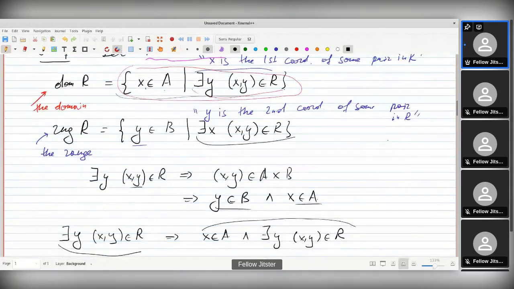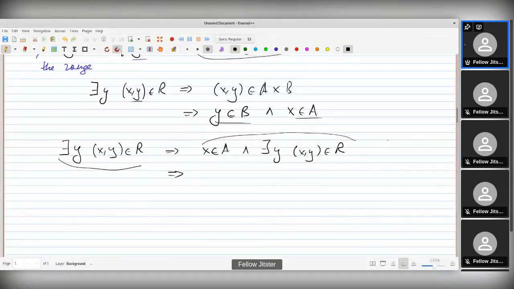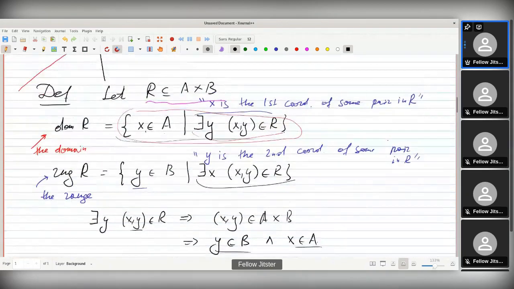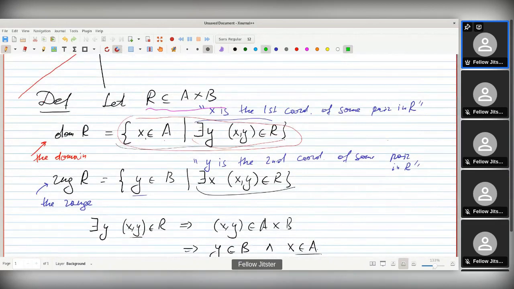And anything that satisfies the predicate also belongs to A. Hence, this is equivalent to saying that our x belongs to the domain. And of course, vice versa. So this condition alone is enough to guarantee that x belongs to the domain.